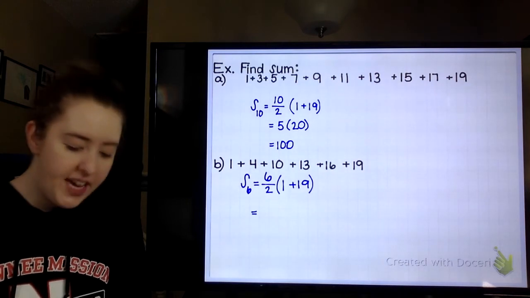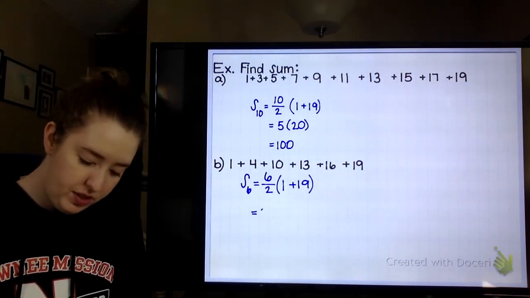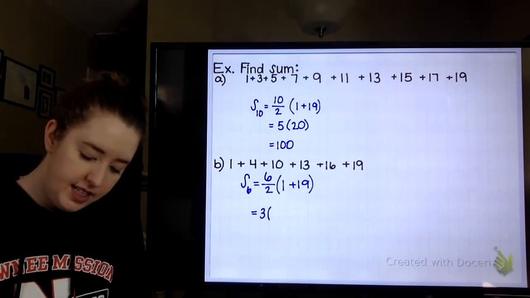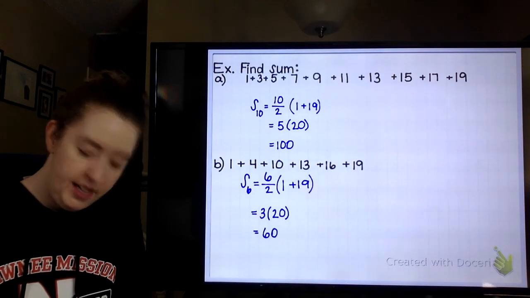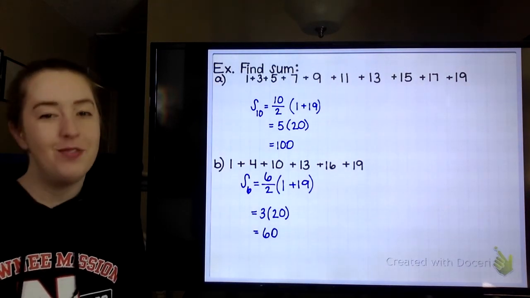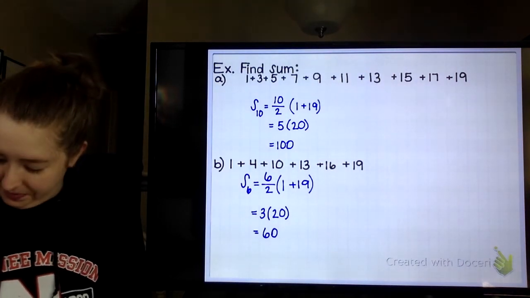Now we'll simplify. 6 divided by 2 is 3. 1 plus 19 is 20. And then 3 times 20 is 60. So see, it's really not too terrible.